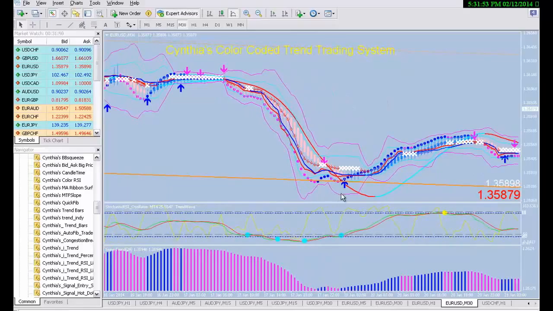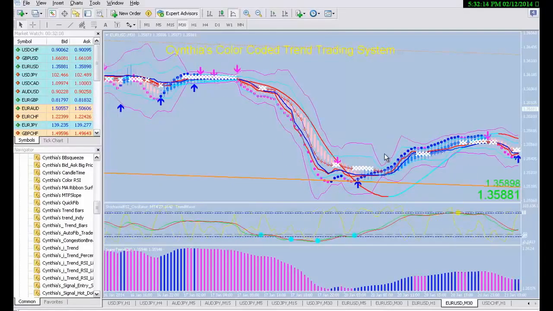but what you can do, let's see, and here would be your entry to go long. Okay, here is your blue arrow, but you don't act on it because you have all these white X's. You have to wait for the white X's to appear, and there are little arrows here. It's the AMA band. I'm going to show you that.